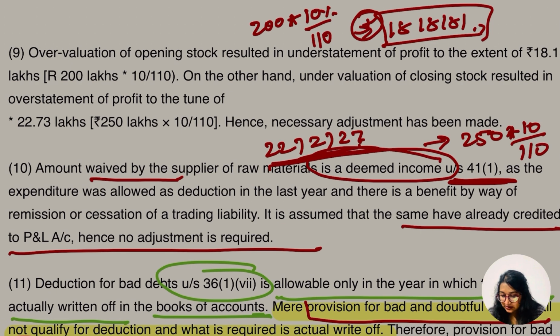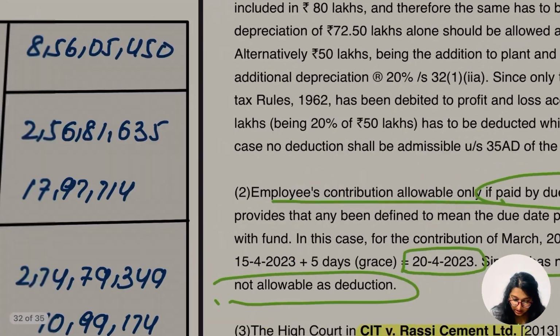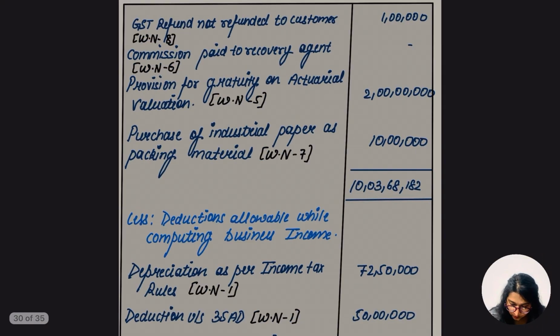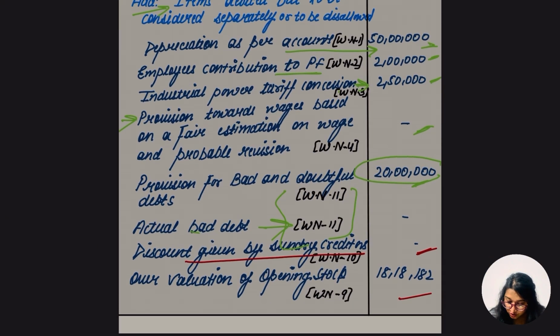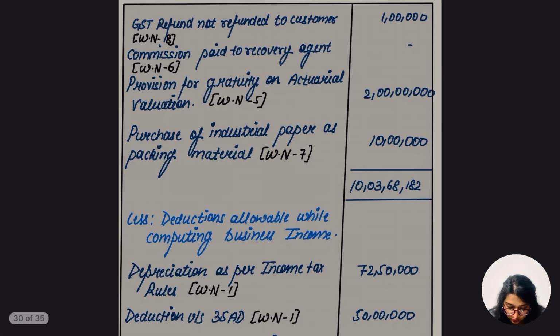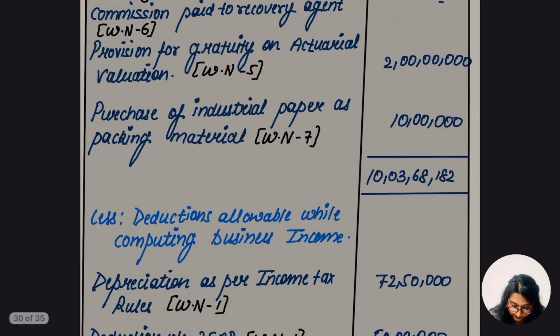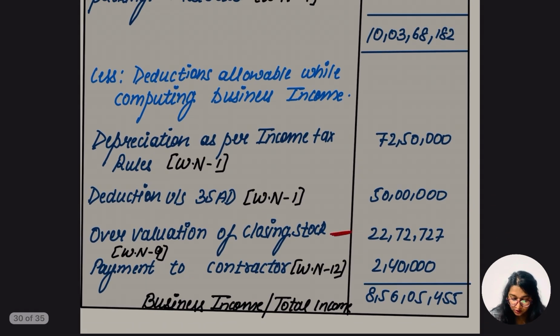Let's see which part plays the major part. 1818181 is the opening stock overvaluation. Since the closing stock is higher than the opening, about 454546 is to be deducted. Now the treatment in the question: the overvaluation of opening stock is 1818182, rounded off, and the overvaluation of closing stock, 2272727, is to be deducted.